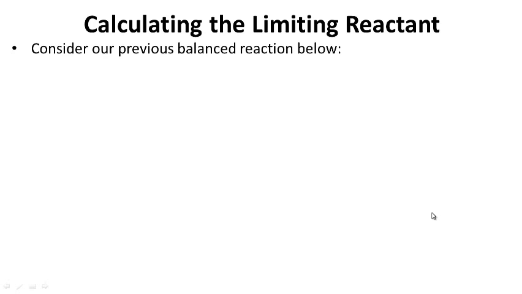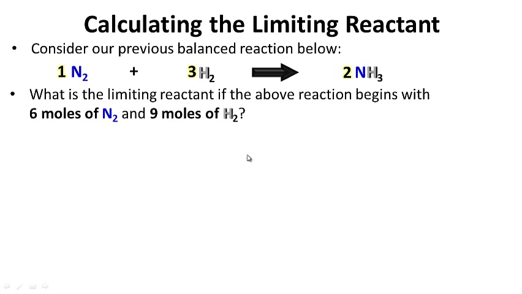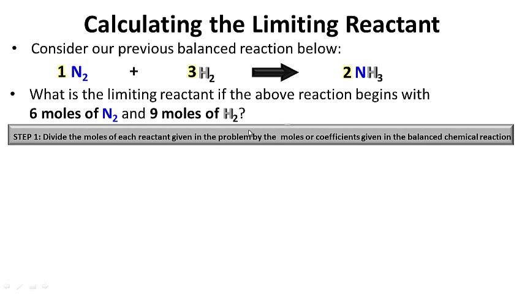All right, so calculating the limiting reactant. Once again, consider our previous balanced reaction below here. What is the limiting reactant if the above reaction begins with 6 moles of N2 and 9 moles of H2? So step 1, divide the moles of each reactant given in the problem by the moles or coefficients given in the balanced chemical reaction.